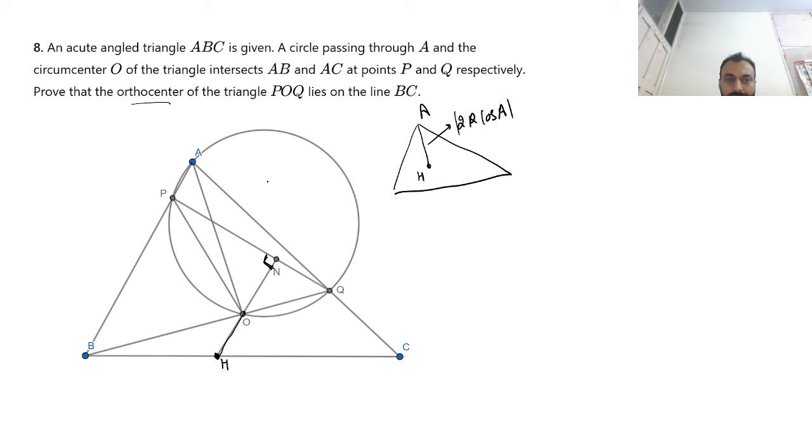Now in our question, at the place of A we have O, so we draw OH, right? And we want to prove that H is the orthocenter of this triangle.